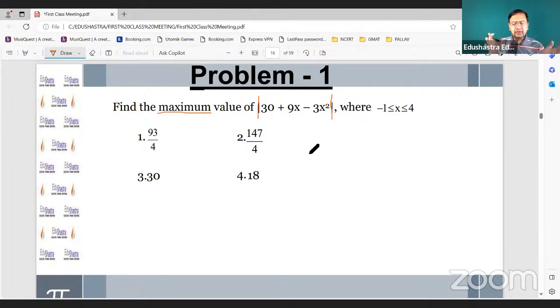When you open it and solve, you will always get a positive value, right? Inside the modulus, you have an expression, which is a quadratic equation. And then towards the end, you have a range of values for a variable, and this range is given with inequality symbols, right? So maximum, minimum, modulus, quadratic equation, inequalities, all those things are there.